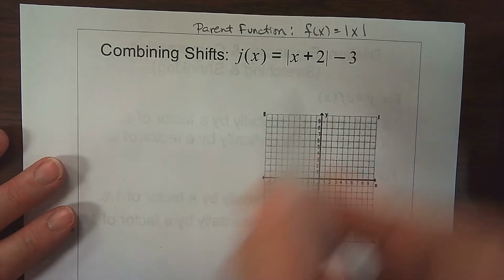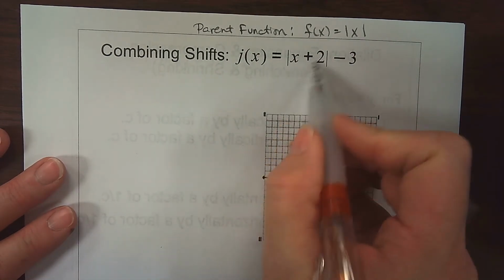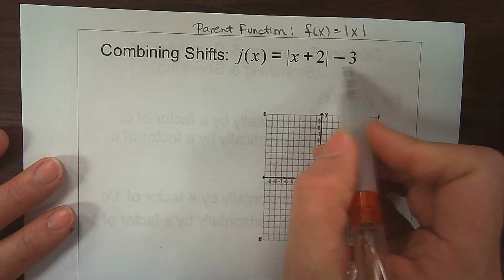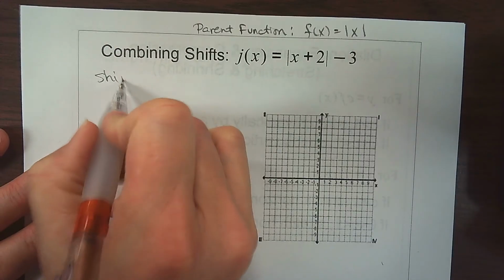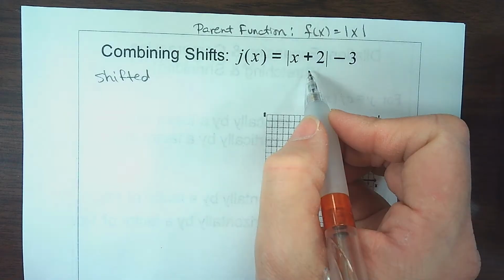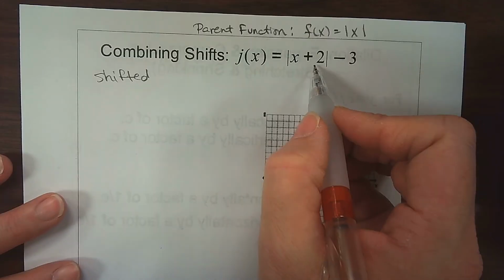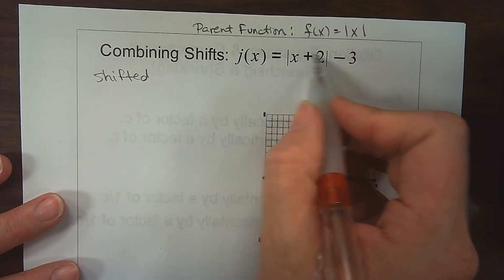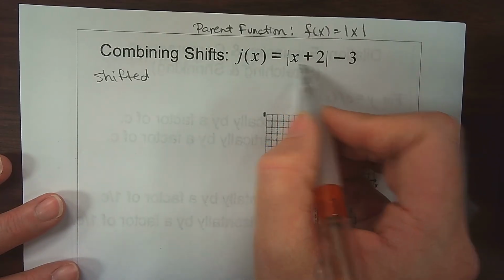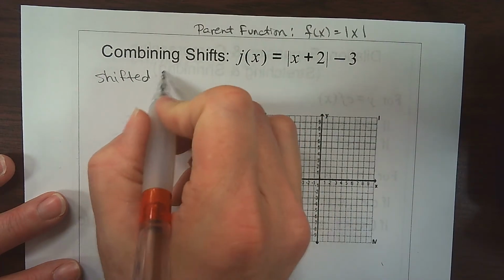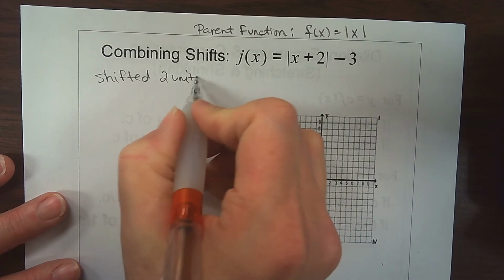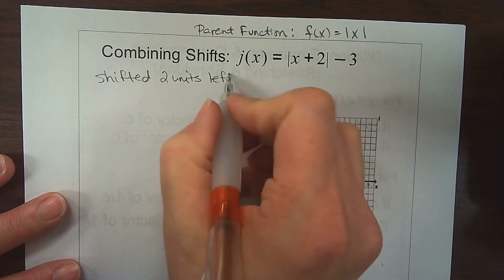But now that parent function is being shifted in a horizontal sense and also in a vertical sense. It's going to be shifted because of this 2 being added to x, and again, remembering that x is our counterintuitive variable, it's going to be shifted 2 units, not right, but left.